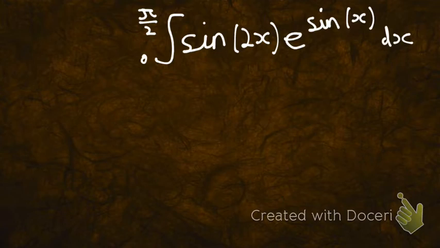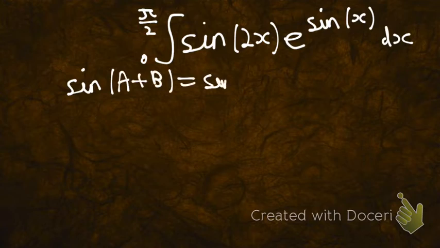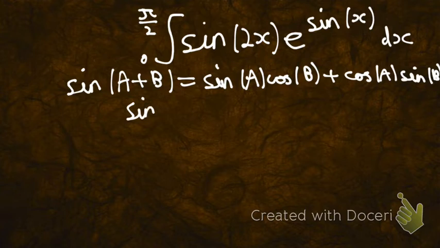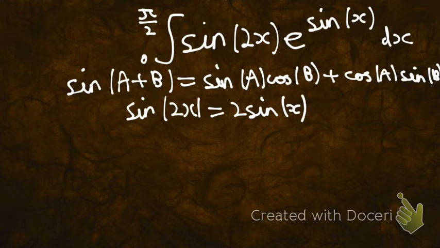Firstly, we look at this sine 2x term here, which seems a bit unhelpful, but actually we know a nice identity for it, because we know that sine of a plus b equals sine a cos b plus cos a sine b, which yields sine 2x equals 2 sine x cos x.